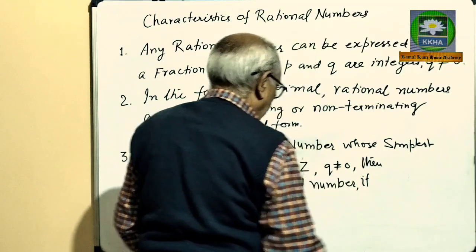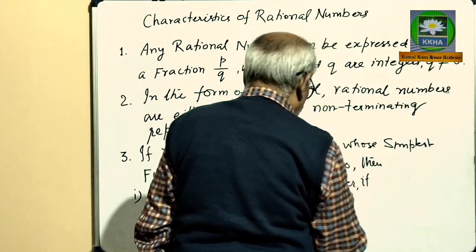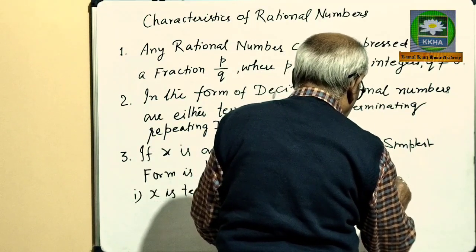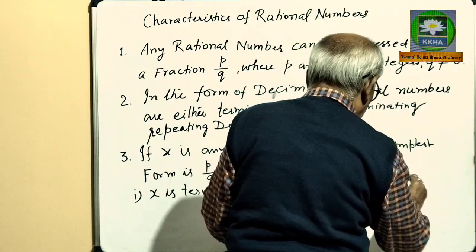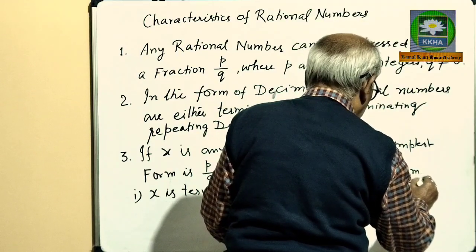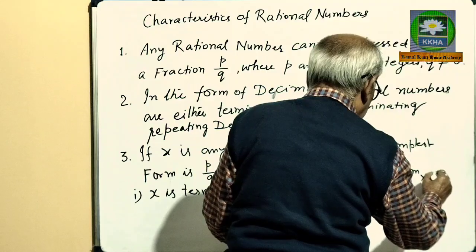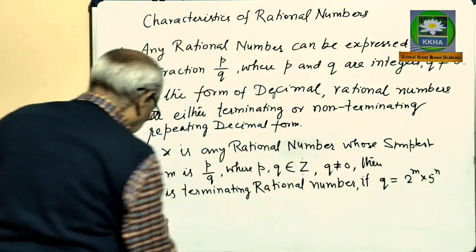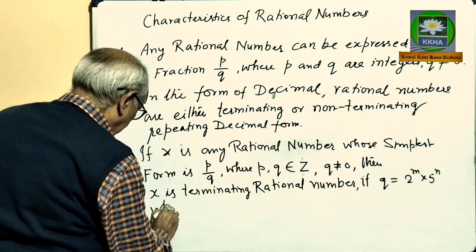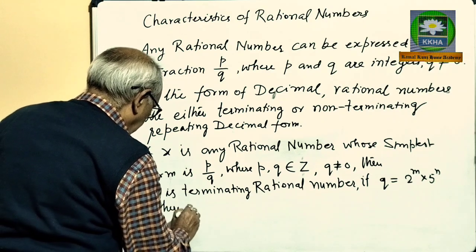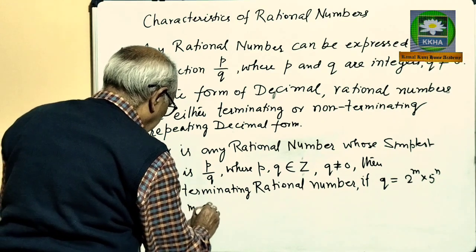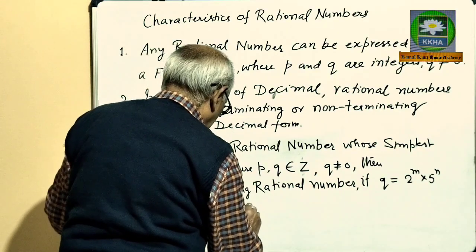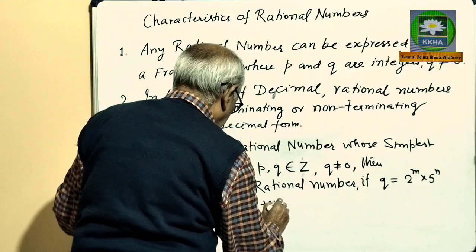if the denominator Q is equal to 2 to the power m multiplied by 5 to the power n, where m and n are positive integers.